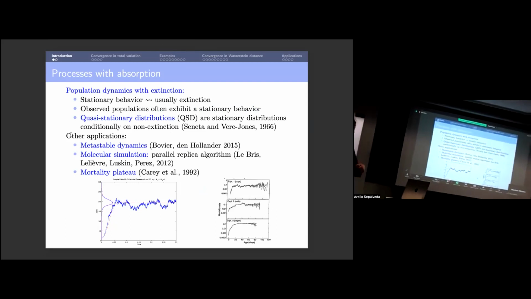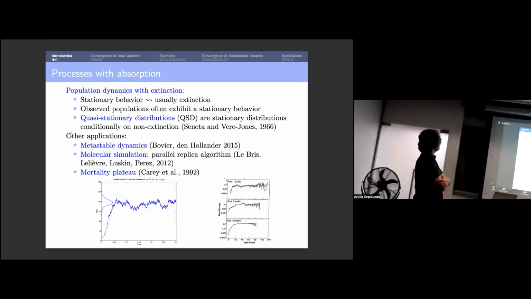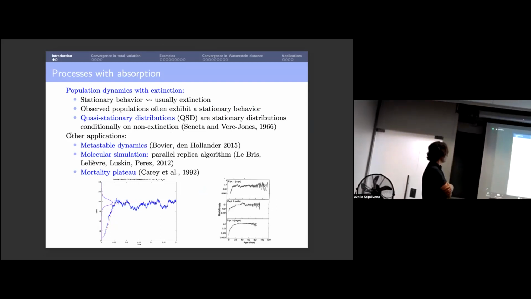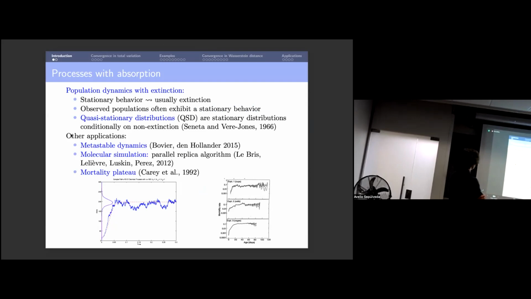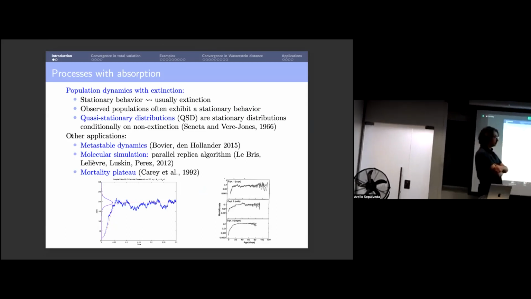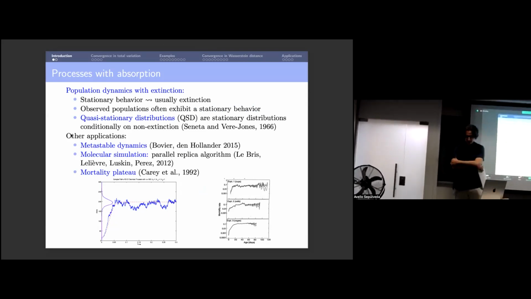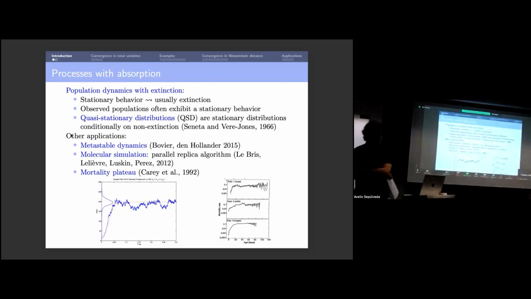So very fast, let me just give you some keywords about why quasi-stationary distributions are interesting. The typical situation where it's useful is population dynamics with extinction, for which the stationary behavior is usually extinction. But of course, if you look at a living population, it's not extinct, and it may exhibit some stationary behavior, and quasi-stationary distributions are made to describe that.